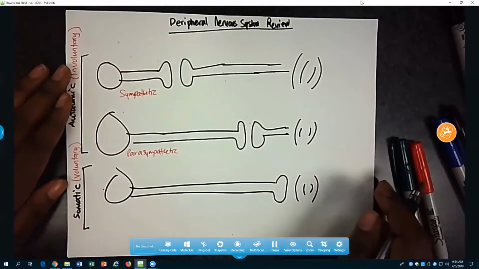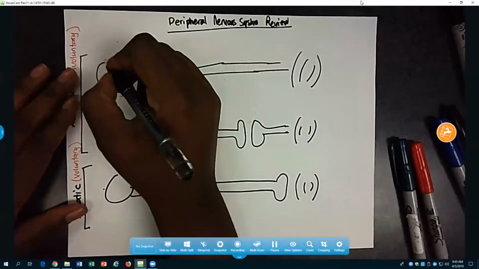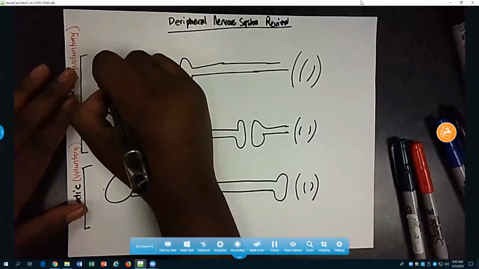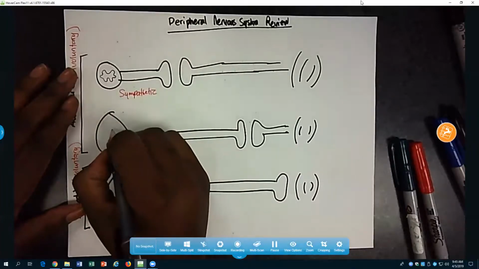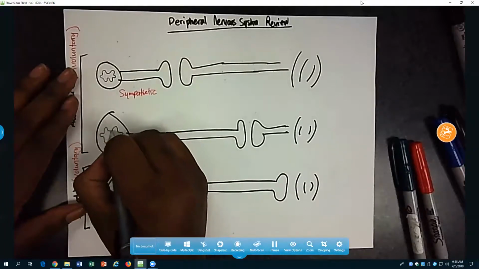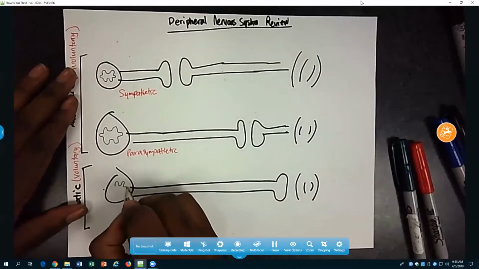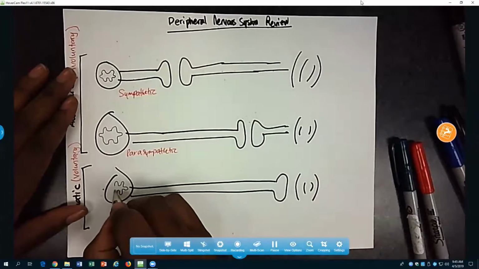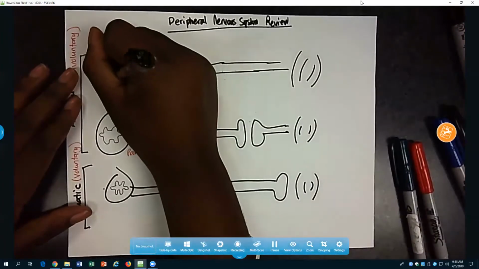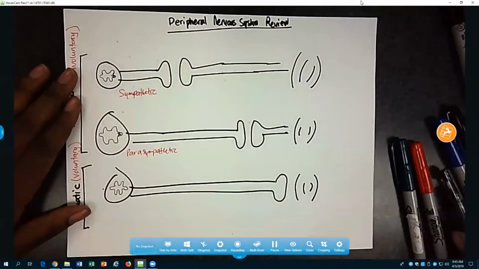Now, the fibers of these two neurons arise from what part of the spinal cord? The lateral horn. Perfect. So the lateral horn.